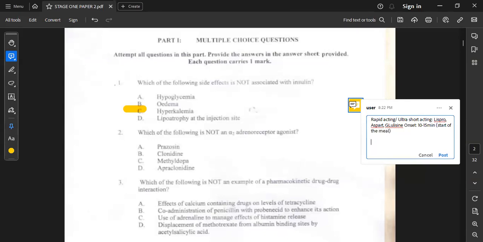Then we have the short acting. I only know about the regular insulin, the one that is given IV, and it's the one we'll give for stuff like DKA.